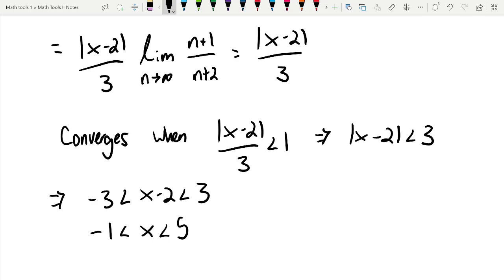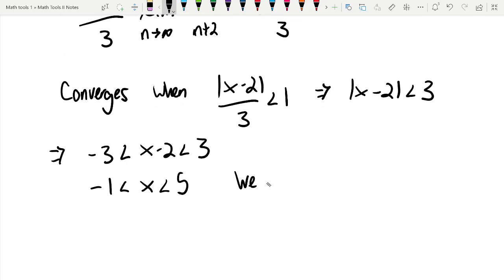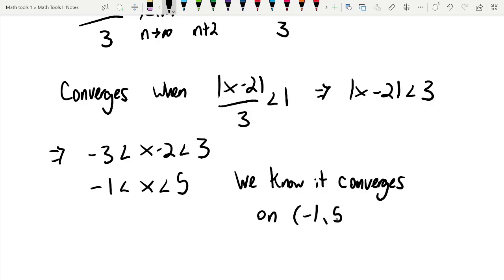So we know that it converges on negative 1 to 5, but we need to test the endpoints.